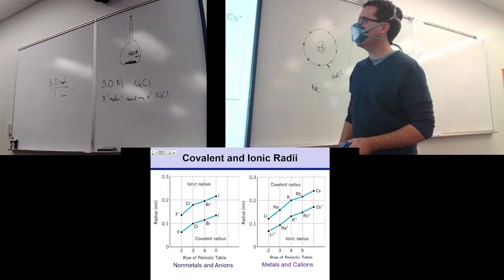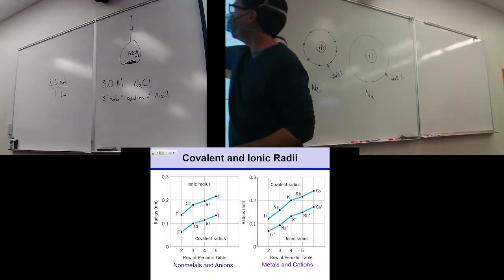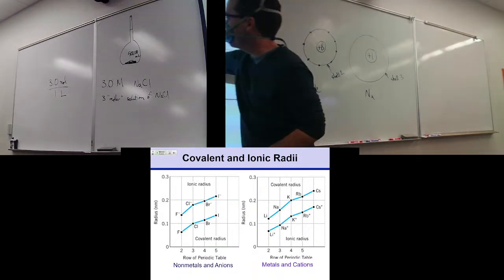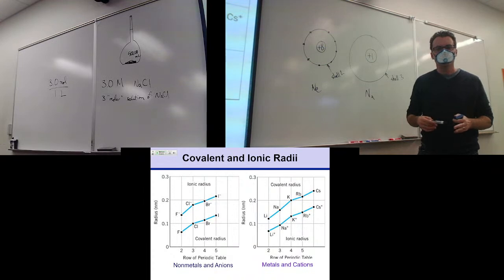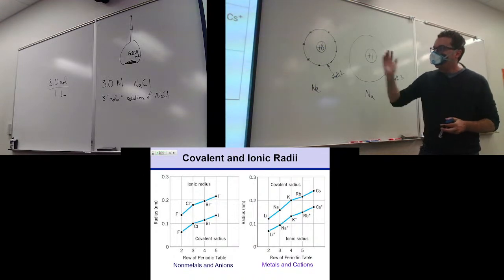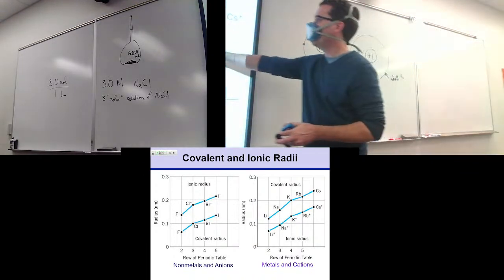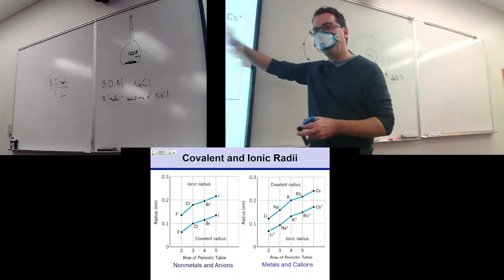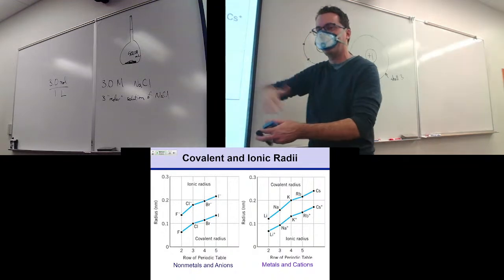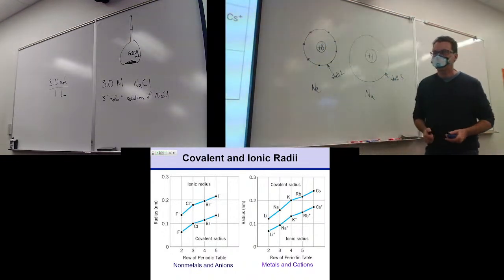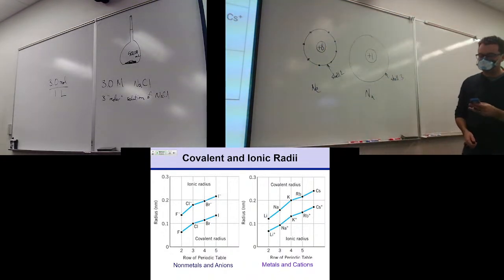For the cations, the metals are all bigger than the cation form, because as soon as you take an electron away, they shrink inside. And yes, it's less electron-electron repulsion, but a bigger effect is the fact that their valence electrons are now a shell below, in a lower shell, which makes it a drastically smaller atom.